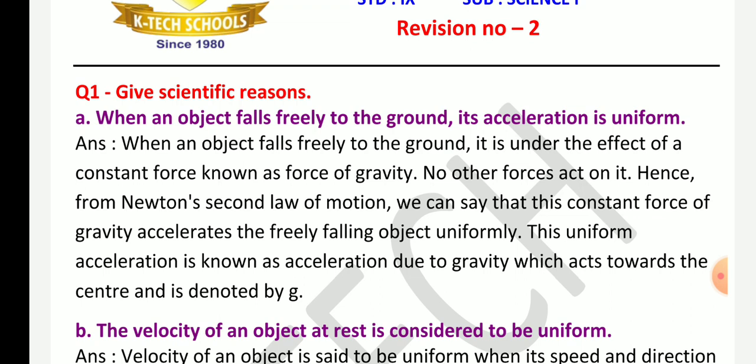Hence, from Newton's second law of motion, we can say that this constant force of gravity accelerates the freely falling object uniformly. This uniform acceleration is known as acceleration due to gravity, which acts towards the center and is denoted by g. Okay? You have to learn this answer.